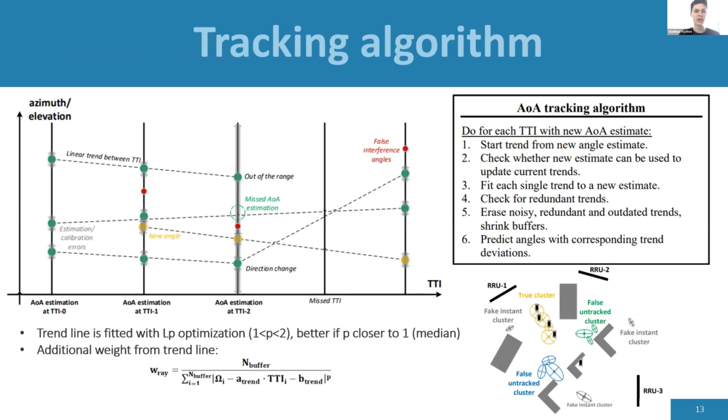Also, we provided a tracking algorithm in Angular and in space domain. Each line was fitted with mostly L1 optimization because, as I said previously, each angle of arrival measurement is a mixture of normal and uniform distributions, and L1 works in this case better than L2 optimization.